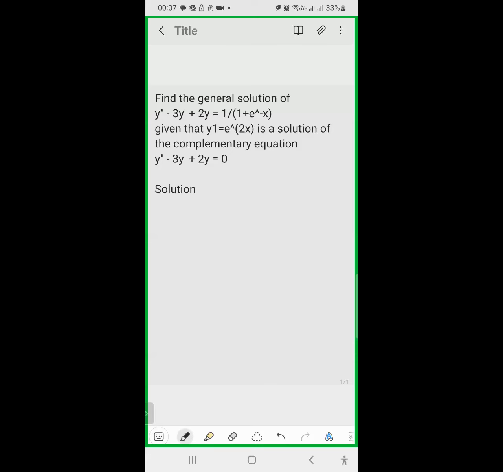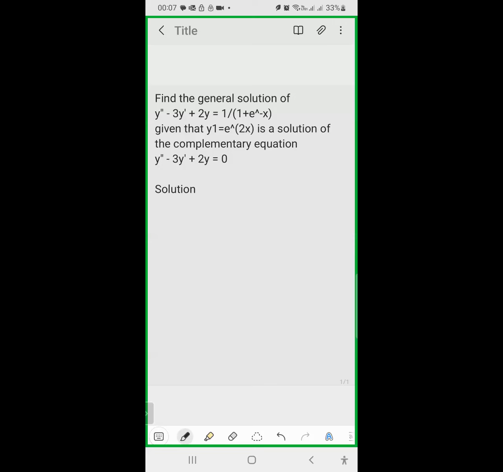We can notice that we have a linear second order differential equation which is non-homogeneous, and by principle we can apply the method of variation of parameters directly by finding the complementary solution that contains both solutions y1 of x and y2 of x, and then find a particular solution in order for us to determine the general solution to this non-homogeneous linear second order differential equation.